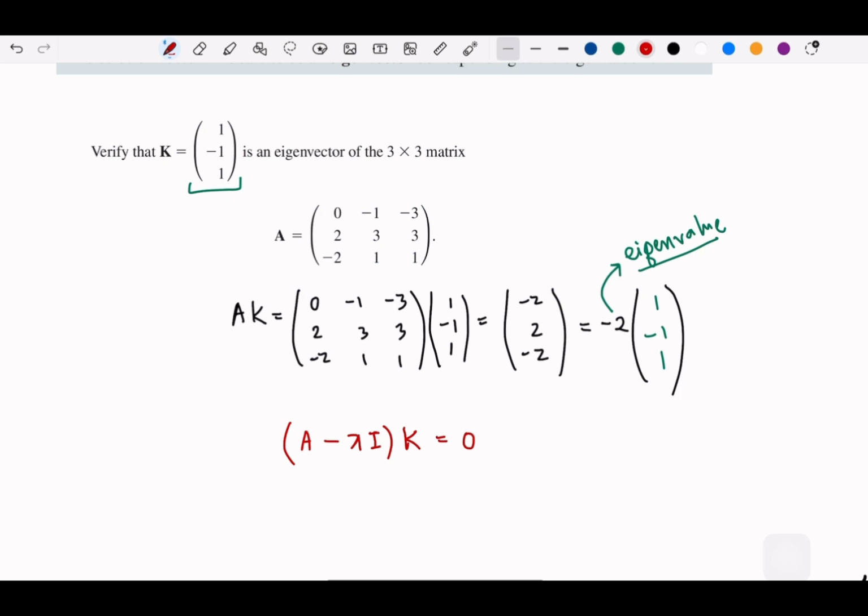So where I is the, let's just say, multiplicative or identity matrix, okay.